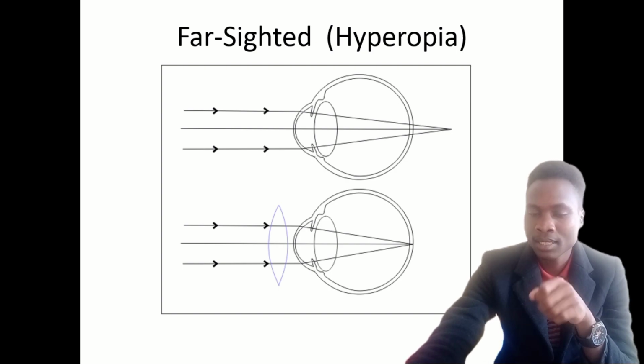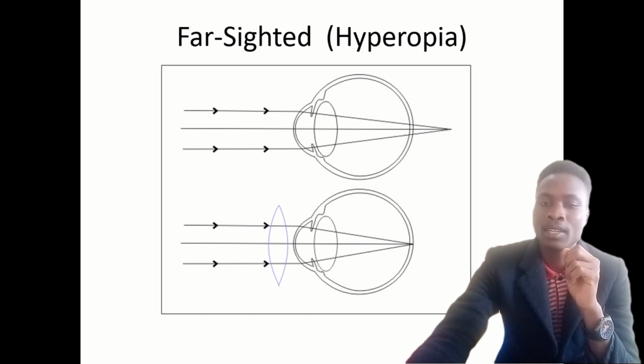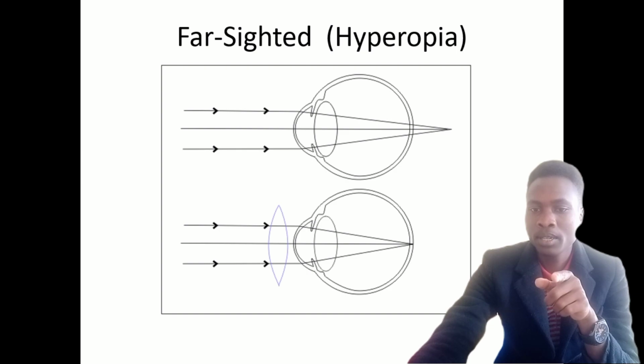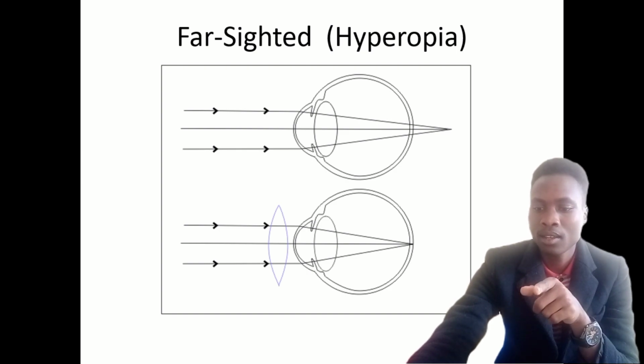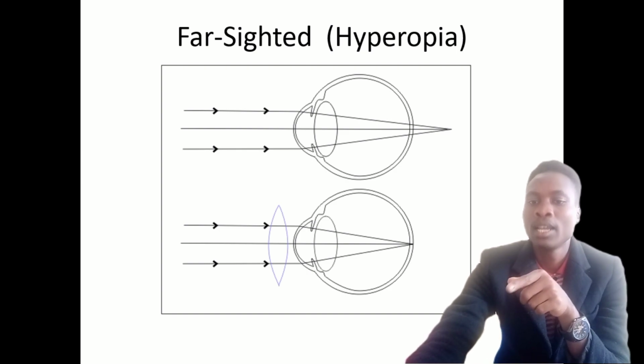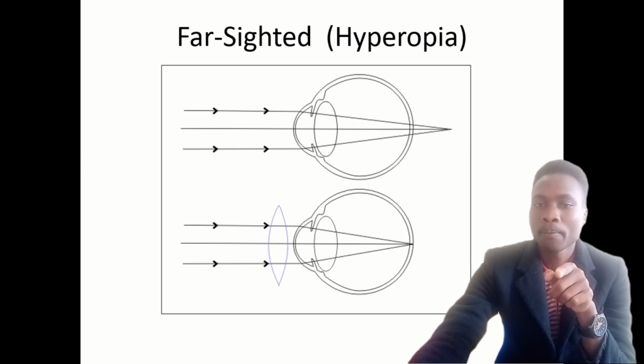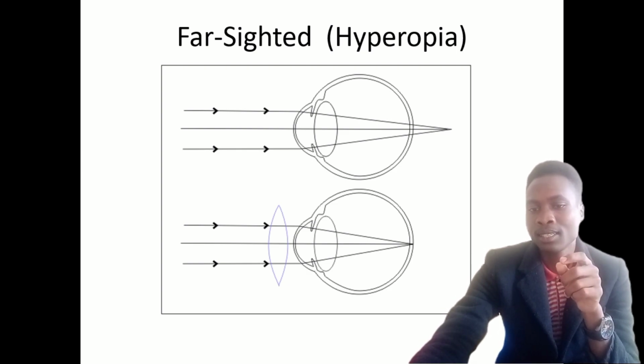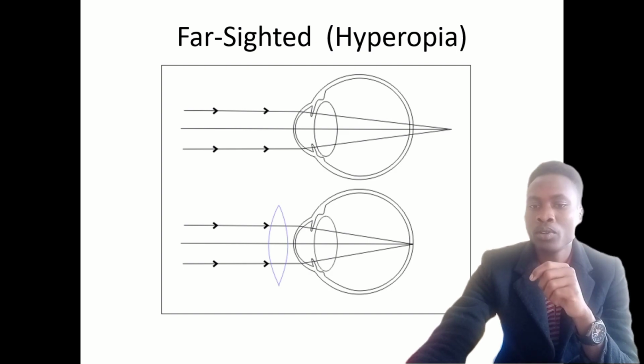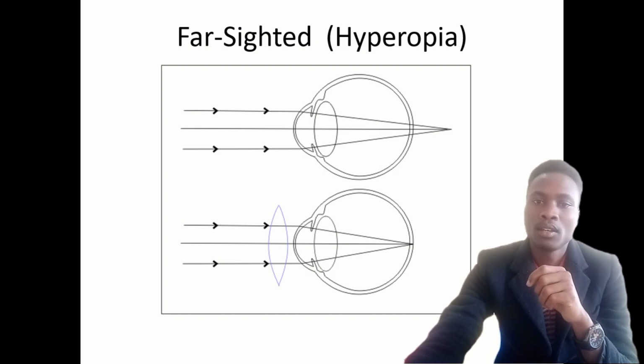As you have seen, the lens used there is a converging lens. This allows the image to be produced on the retina, where it should normally be produced, unlike in farsightedness, where the image is produced beyond the retina.